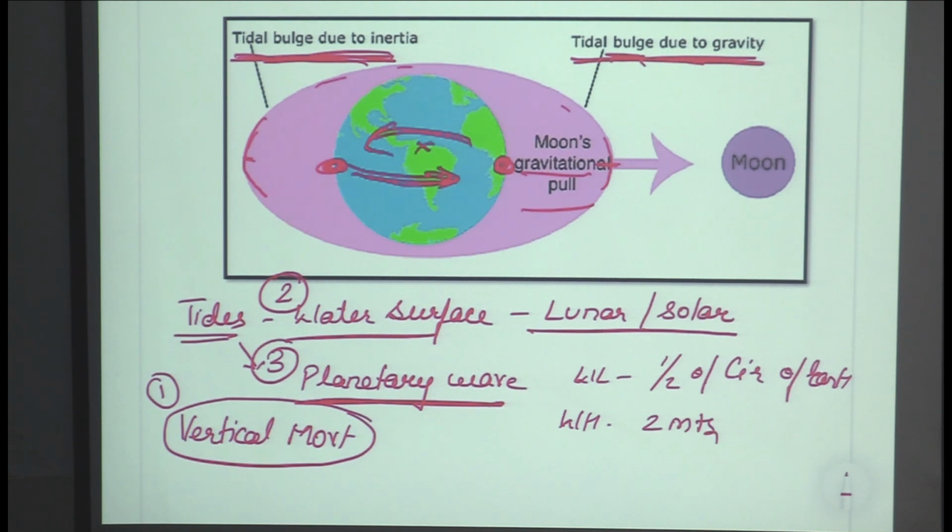So at these points I will be having depressions, troughs. So what will be the planetary wave? It will have a wavelength running half the circumference of the Earth and wave height not more than 2 meters. So planetary waves makes the definition of tides.